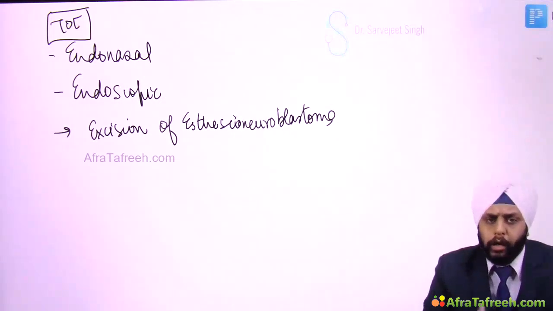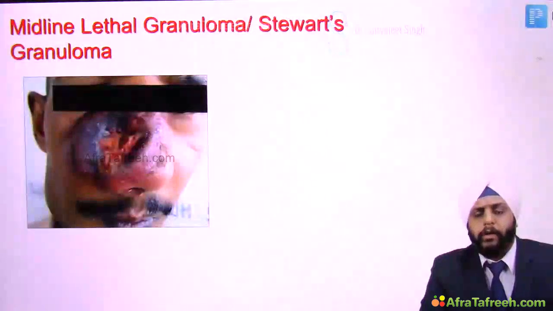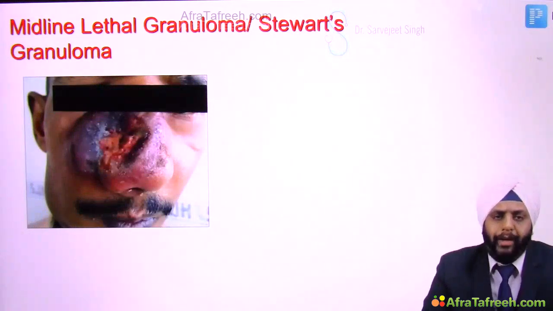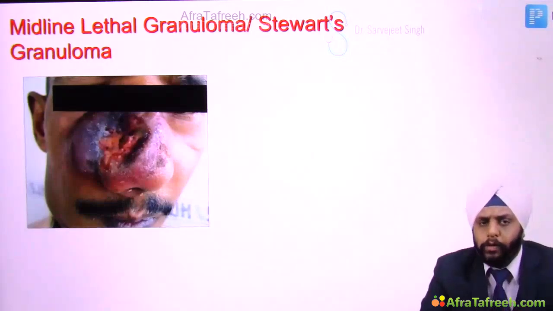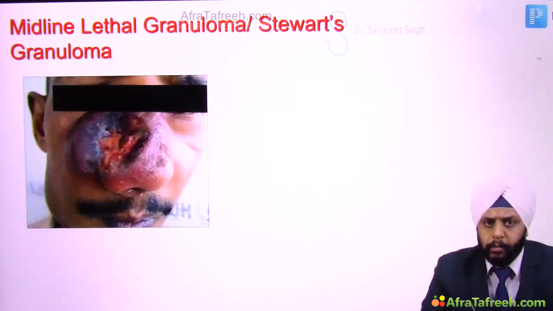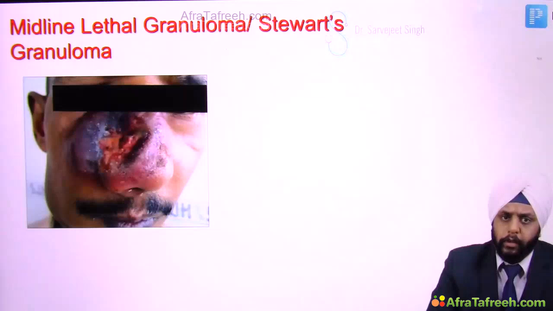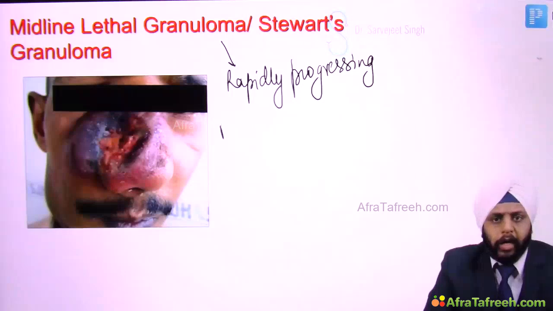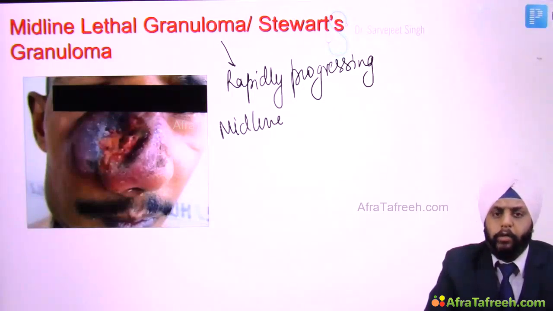Let us go to another rare malignancy which is known as midline lethal granuloma or Stewart's granuloma. Now, what is this midline lethal granuloma or Stewart's granuloma? Now, this is a rapidly progressing midline destructive lesion.